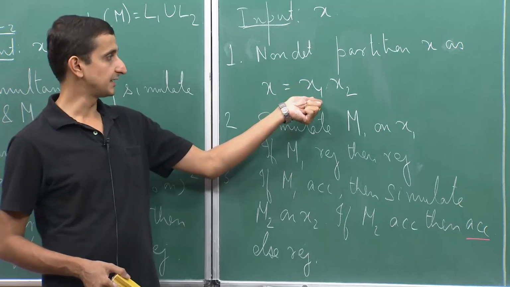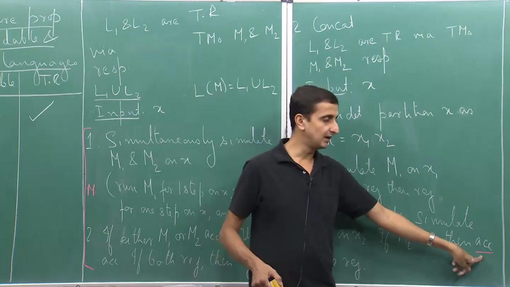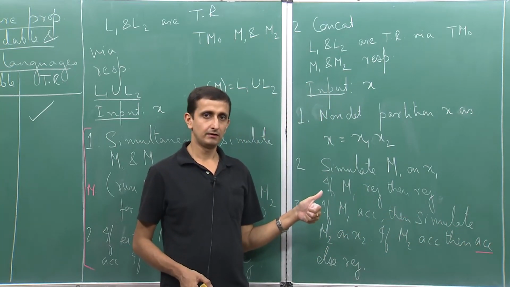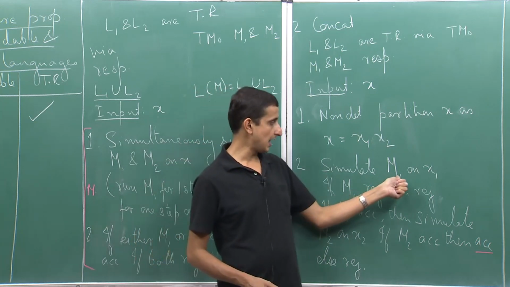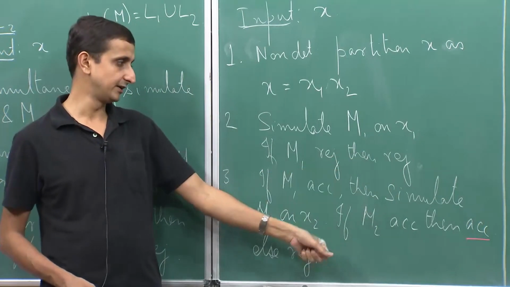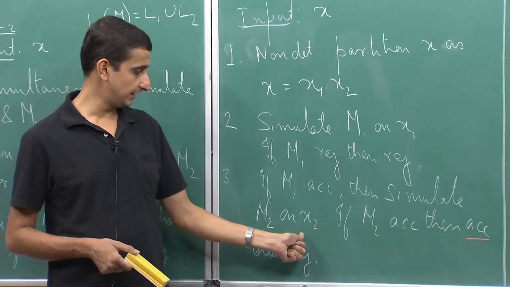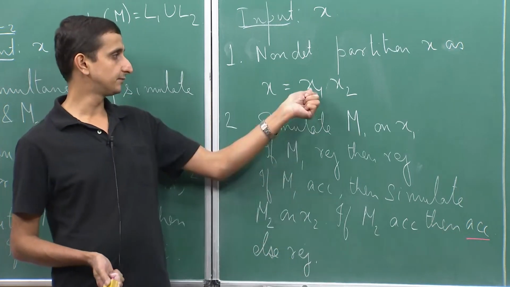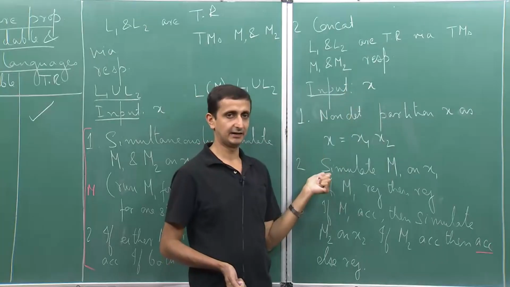That means if x1 belongs to L1 and x2 belongs to L2, that is the only case in which it is accepting. On the other side, if M1 rejects x1, then we are directly rejecting, we are not even going into the third step. Or if M2 rejects x2, even then we are rejecting. So, if one of these two does not belong to L1 or L2, even then we are rejecting.